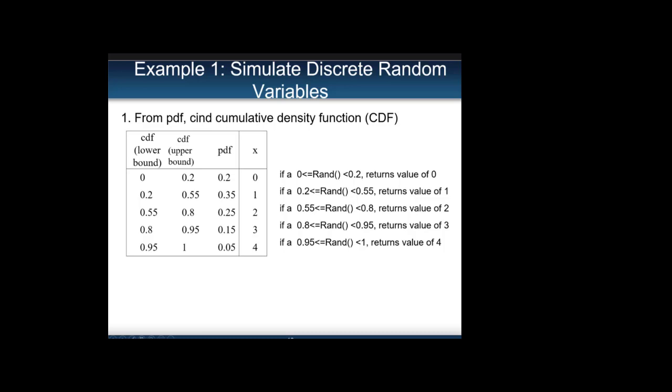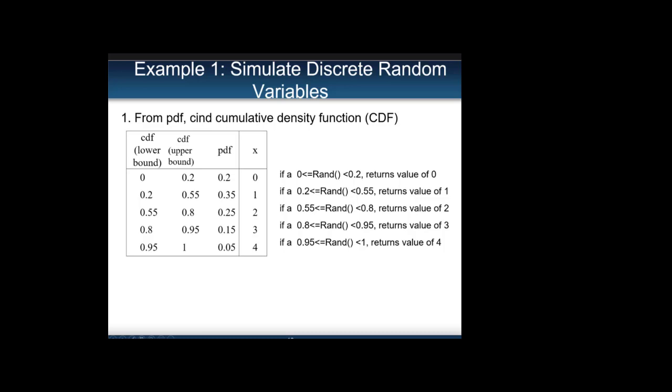So what we do is first we add up. For x less than or equal to 0, we start with 0.2. Then the probability we hit less than or equal to 1, so we add the probability of hitting 0 and hitting 1, which is 0.2 plus 0.35, so it is 55%.